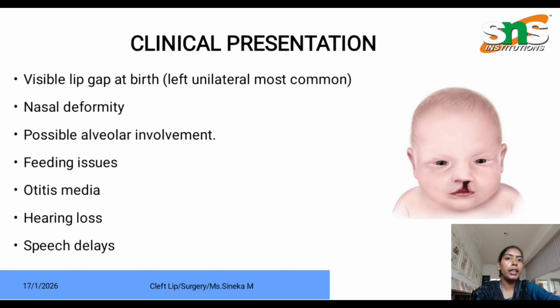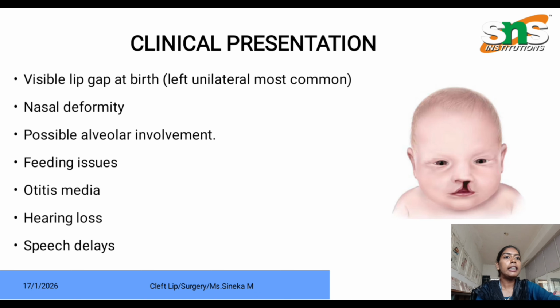Nasal deformity is also present because it affects the nasal floor muscles. Possible alveolar involvement and also feeding issues. Due to this split, the baby is not able to suck the nipple and have normal feeding. Otitis media: our ear, nose and larynx are interconnected through the eustachian tube.